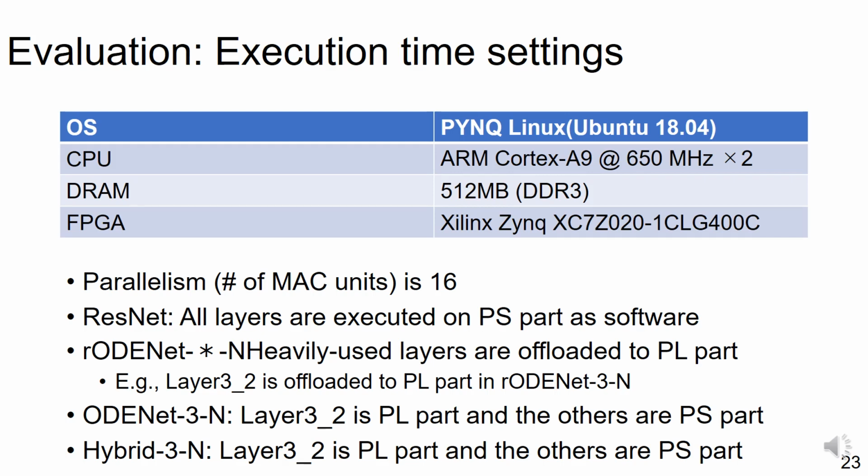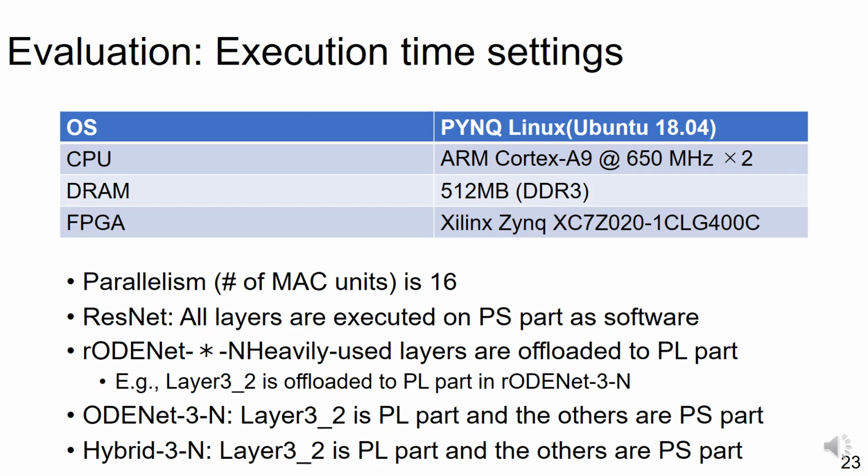Like ODNet 3N, layer 32 is implemented in the PL part, and the others are implemented in the PS part. Similar to the accuracy evaluation, the number of channels, width, and height of the input are 3, 32, and 32 respectively. In addition, as mentioned earlier, the Pynq-Z1 board is used as the target board in this work.